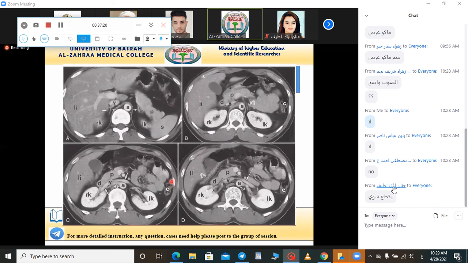This is a CT picture for the same patient, but at multiple levels. This is the liver here, and here the same patient, but we descend, and the liver is the same. This is a different level.